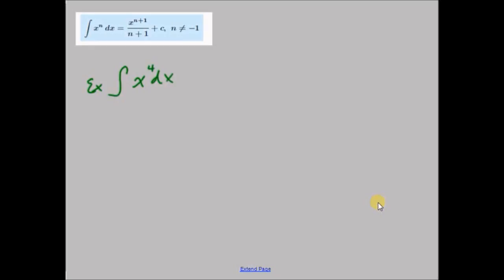Our rule up here states that what we need to do is add 1 to the exponent and divide by that bigger exponent, in other words, the exponent plus 1.